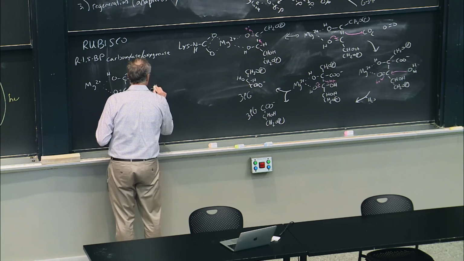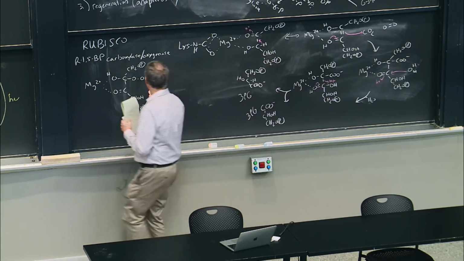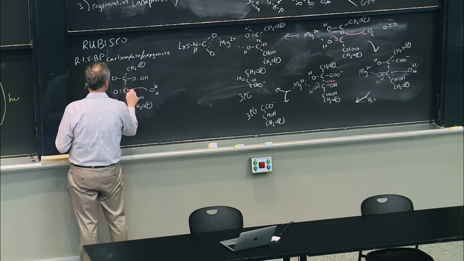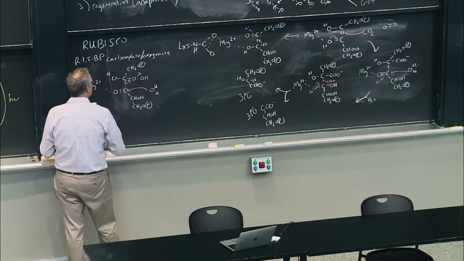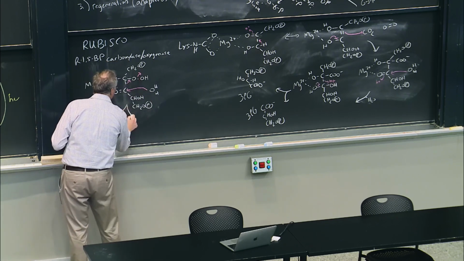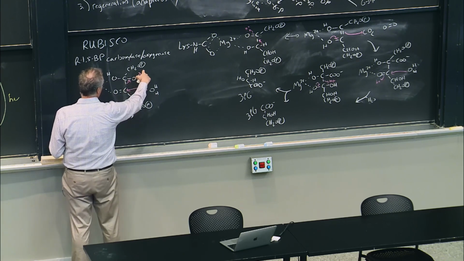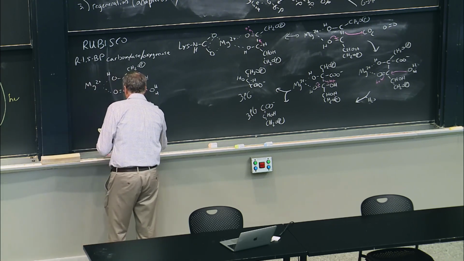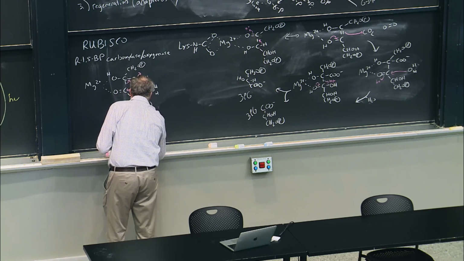Now when water gets added, you end up generating from the bottom half of the molecule, of course, a 3-phosphoglycerate, so that's not a problem.